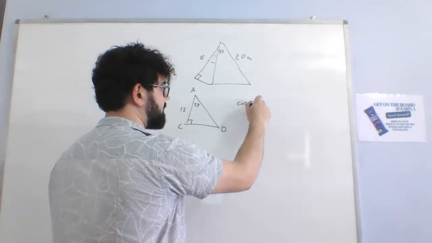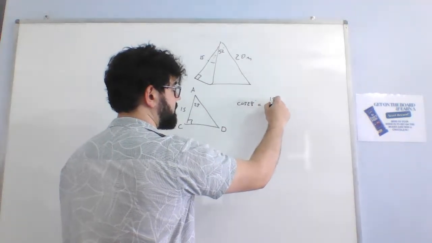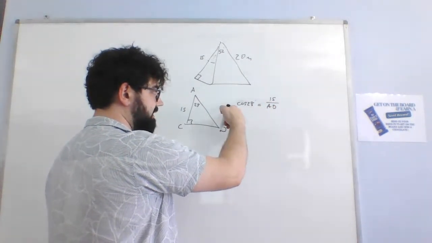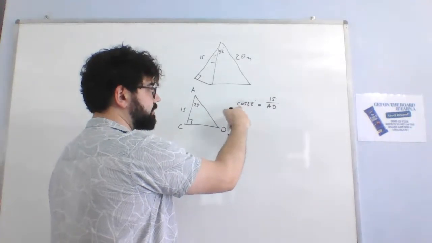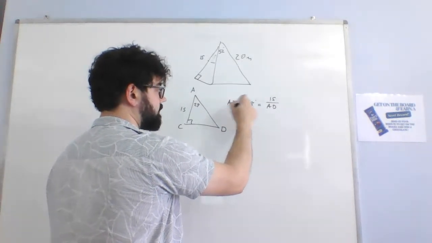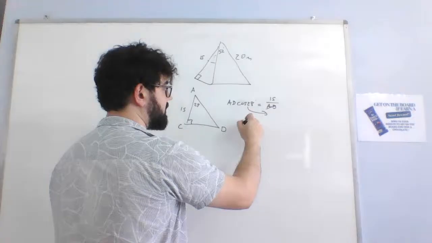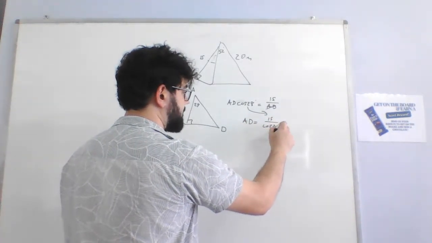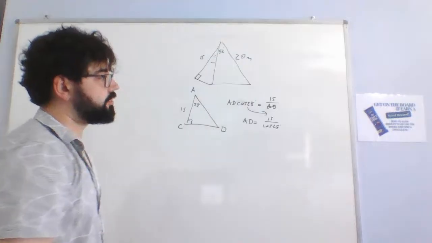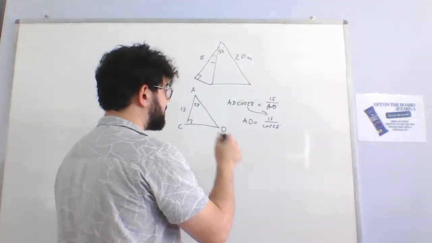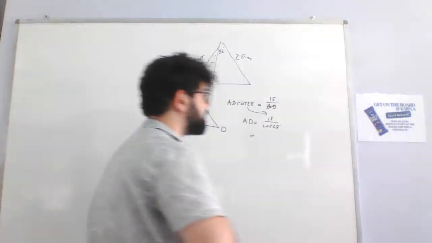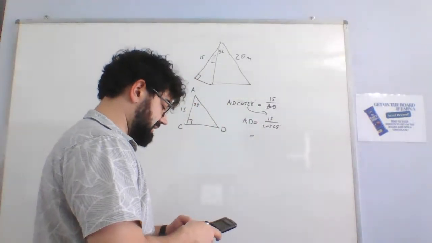So we can say cos of 28 is 15 over AD. And then we isolate AD. So we will multiply the AD up and divide out the cos 28. We have AD is equal to 15 over cos 28. Okay, that will give you a numerical value. And you can work that out, but don't round off just yet. What I would do is probably leave it as 15 over cos 28.